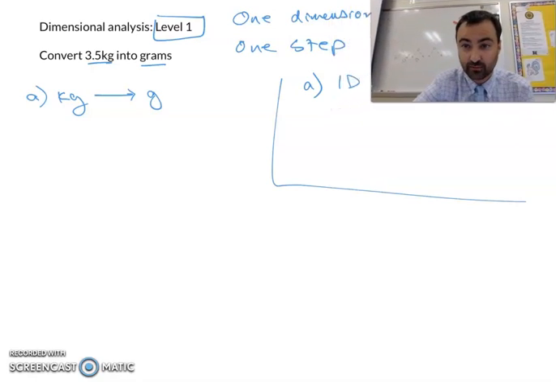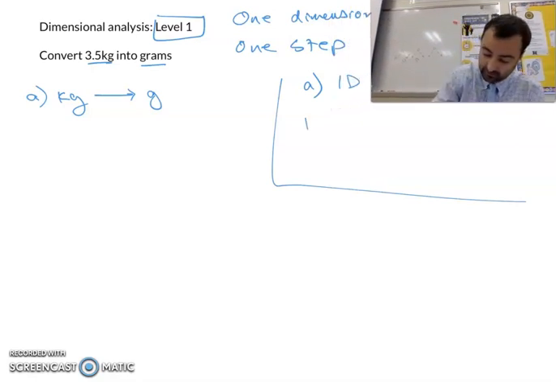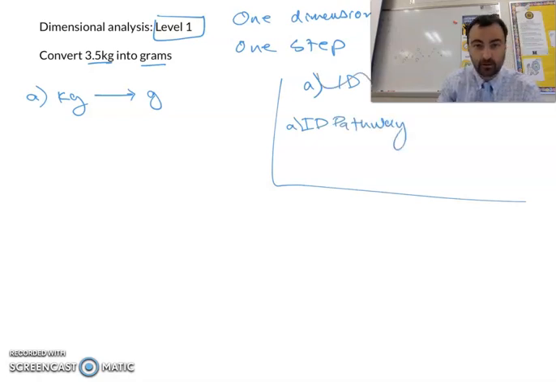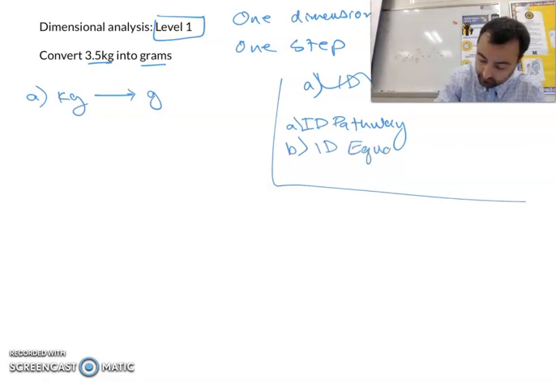So A is ID pathway. Okay, so you have to go from kilograms to grams. That's what the problem is asking. The second step is to identify any equalities.